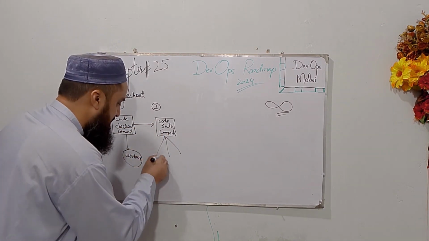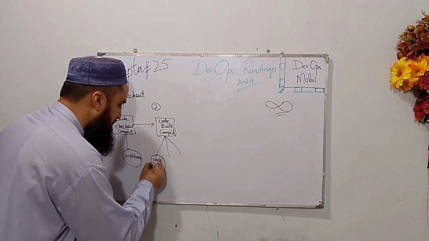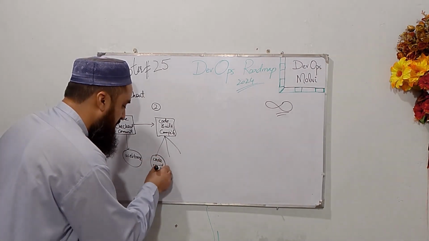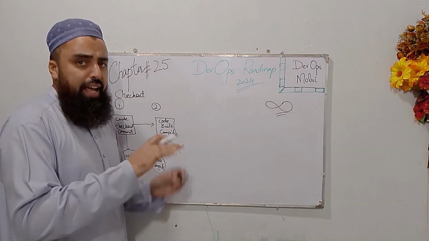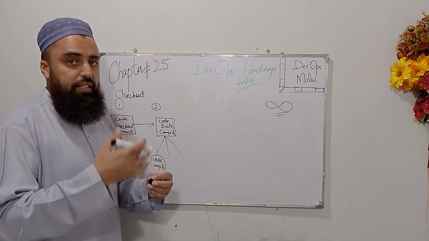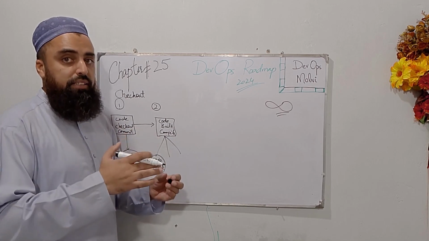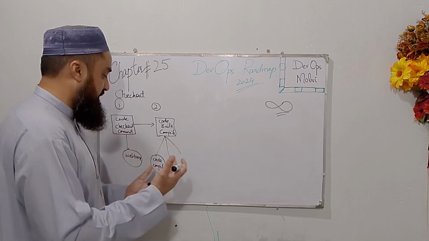The first is code compilation. Okay, my code is compiled, like we run npm install manually and it compiles the code of node. We run mvn clean install and it compiles the Maven or Java code.